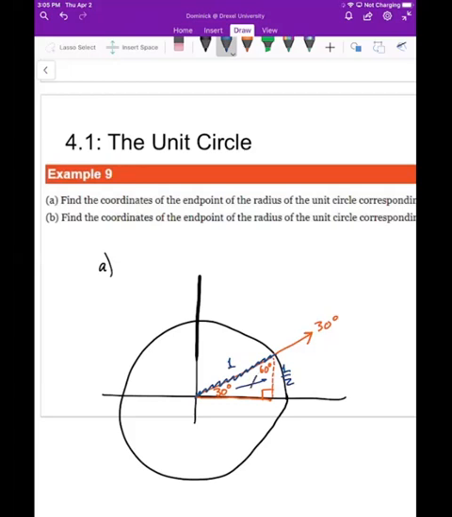And what's across from the 60-degree angle, that's a square root of 3/2. But what did we just find here? We just found the coordinates of this point, because its x-coordinate is this distance, which is square root of 3/2, and its y-coordinate is this distance, which is 1/2. So this is the point that corresponds to 30 degrees on the unit circle.